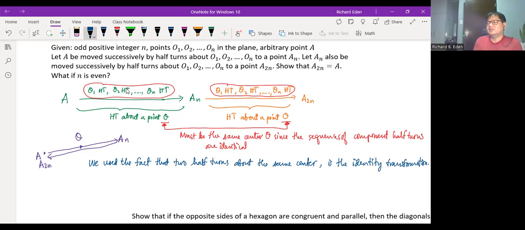In other words, it's a transformation where you actually don't do anything, or at least the net effect is nothing. Therefore, A sub n and A sub 2n are the same.